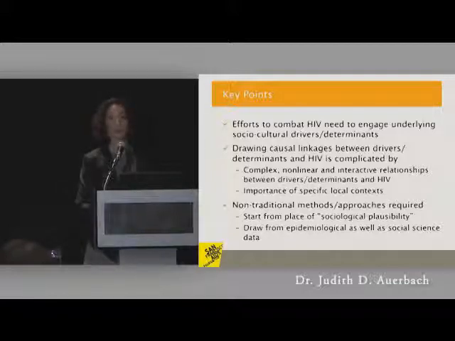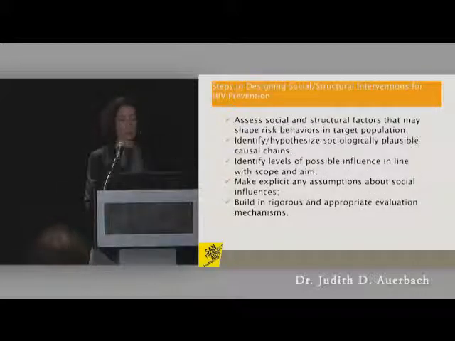The importance of local context cannot be overstated, and we may have to be willing to engage in some more non-traditional or non-hegemonic methods that are derived from sociological plausibility and that draw on extant epidemiologic as well as social research. So that's kind of a quick run-through of what we try to convey in that paper and what generally is sort of my spiel on this subject.